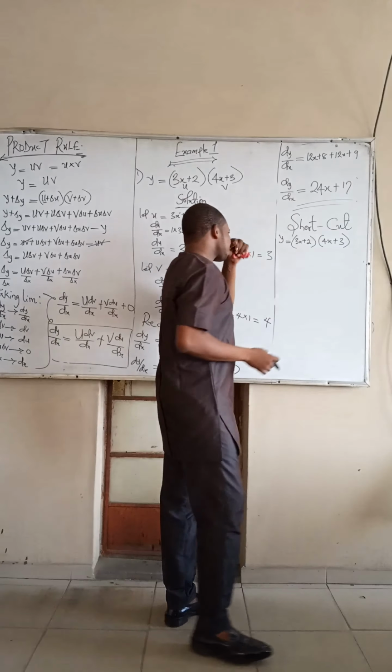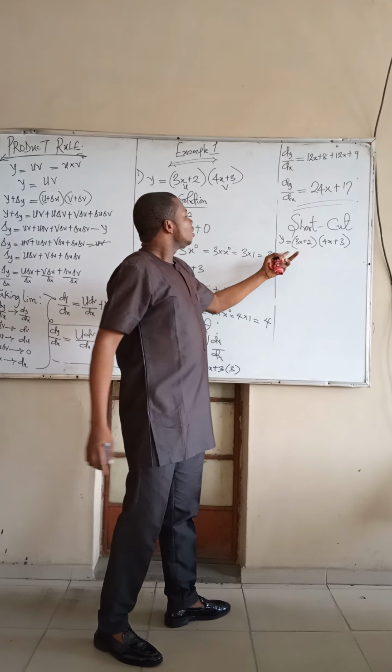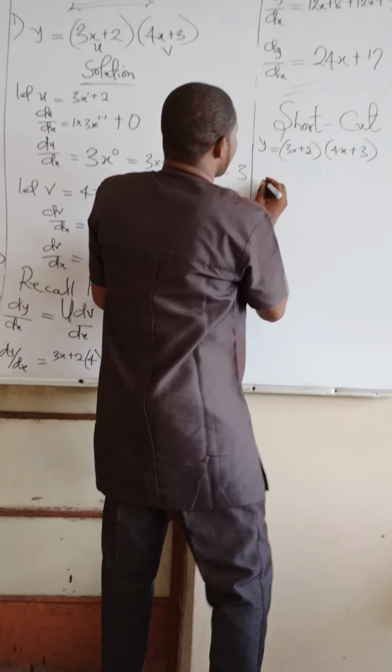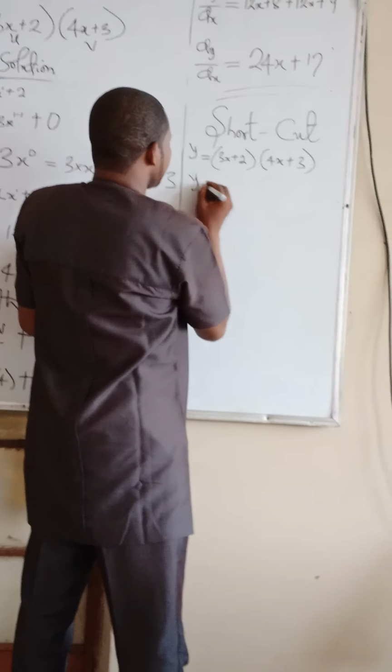Alright. So this is what we have here. Of course, this is a product. So I can say y is equal to, let me open up the brackets, 3x times 4x, which gives us 12x squared. 3x times 3 gives me 9x.